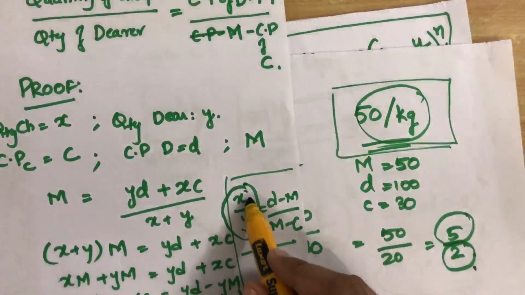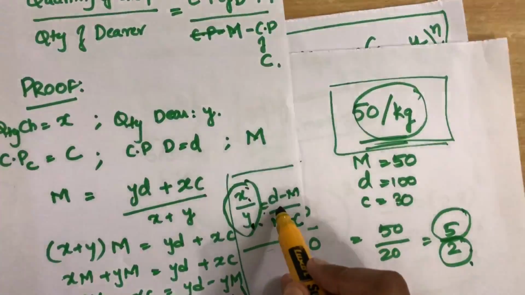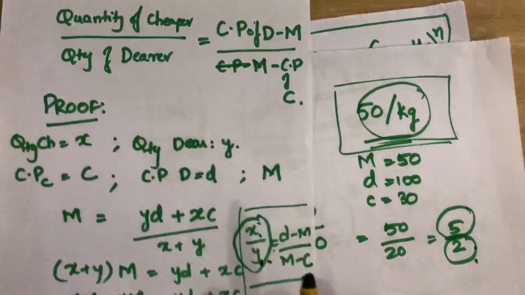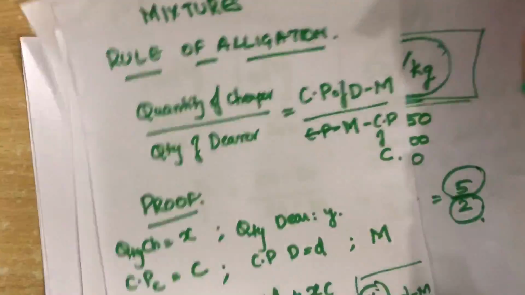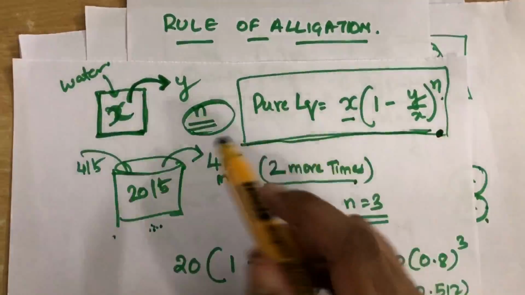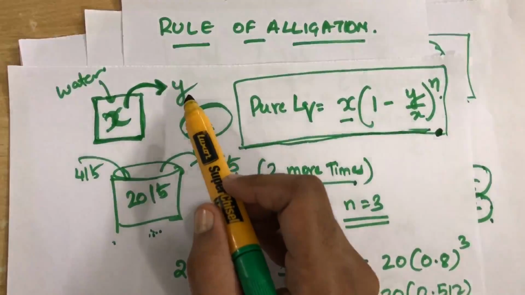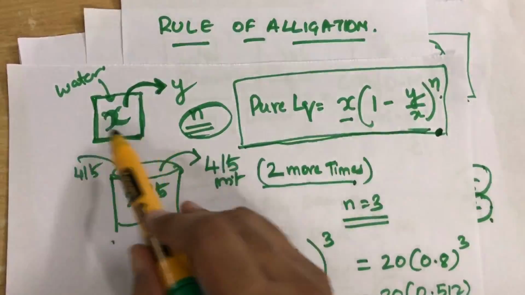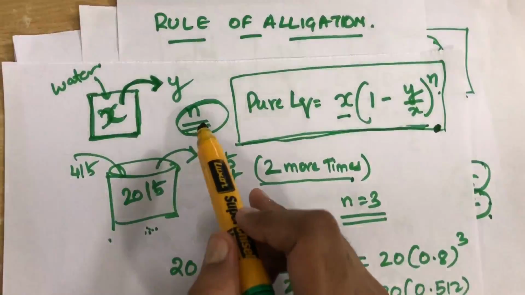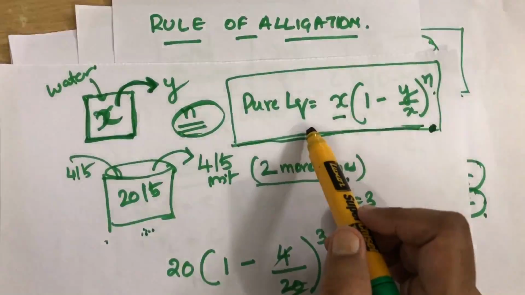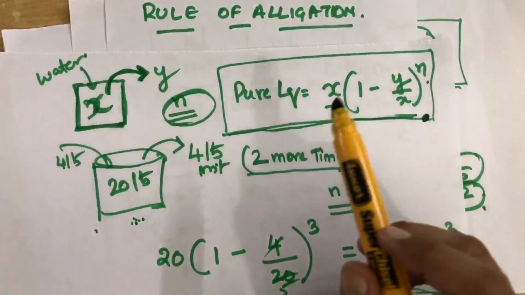One is quantity of cheaper by quantity of dearer is equal to cost price of dearer minus mean price by mean price minus cost price of cheaper. And the second formula is, when you are removing Y liters of liquid and replacing it with Y liters of water from a total quantity of X liters, after repeating the operation n times, the amount of pure liquid present inside the container would be x into (1 minus y by x) power n.